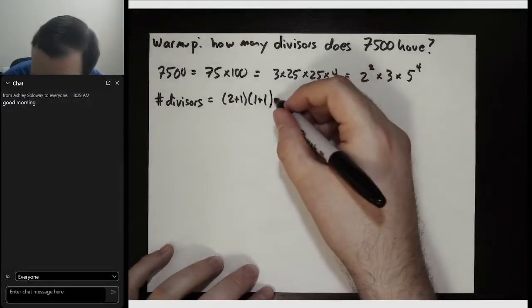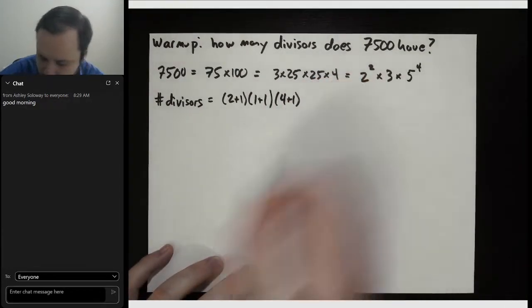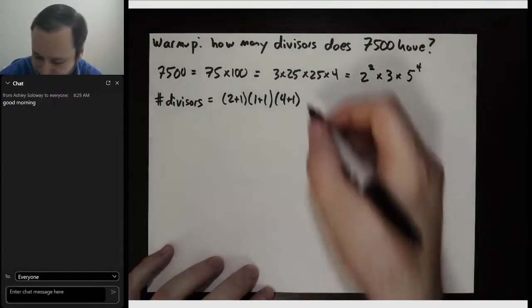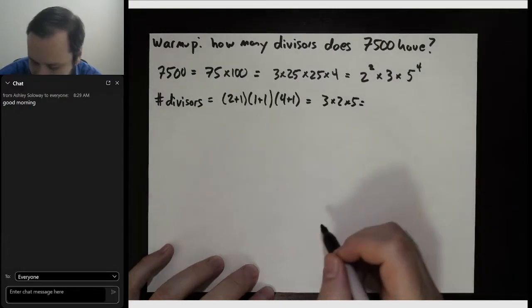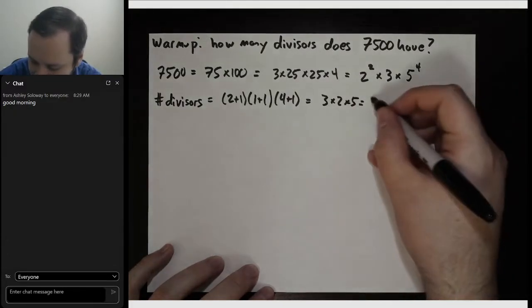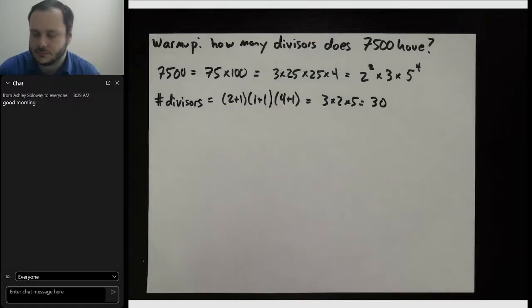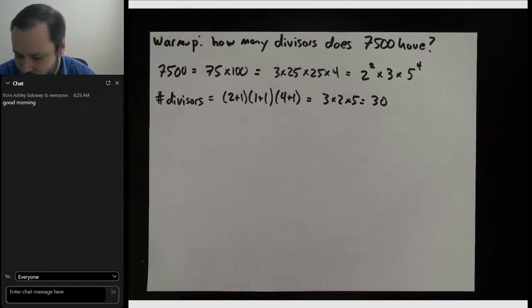And 5 to the power of 4, so 4 plus 1. We're going to multiply all those together. 3 times 2 times 5 gives us 30. So 30 different numbers that divide 7500.